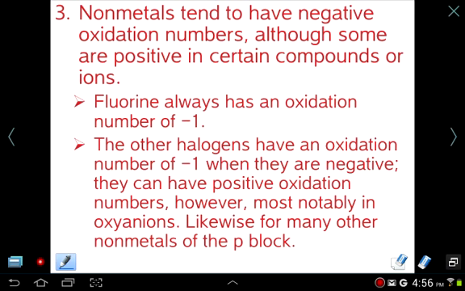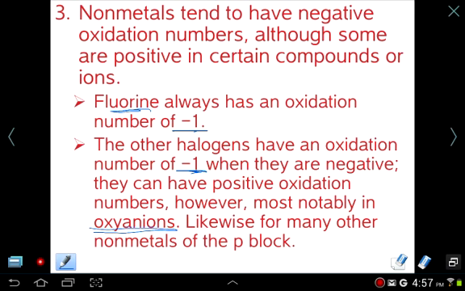So here is a little more about nonmetals. Fluorine will always be -1. Fluorine, recall, is the most electronegative element, so it will really never give up electrons, it will always accept them. So fluorine will have a -1 oxidation number. The other halogens are usually -1 when they're negative, but they can also have positive oxidation numbers, as you'll see in a minute, in these oxy-ions.